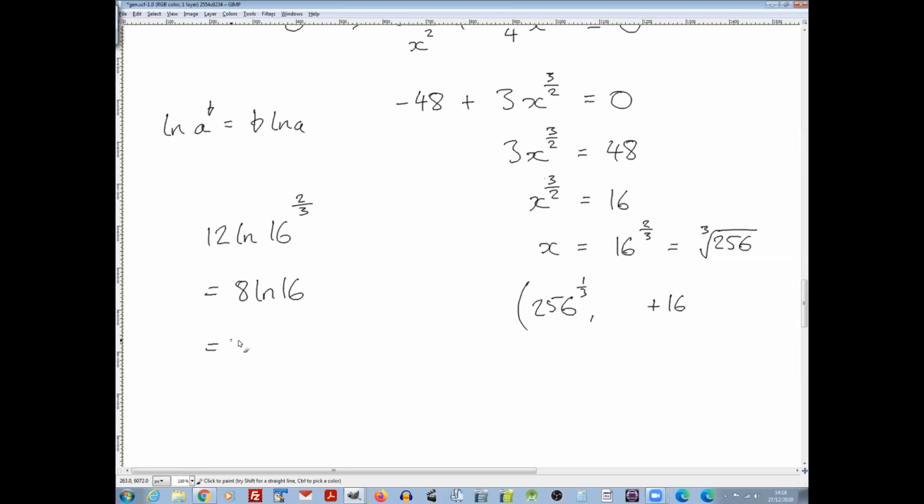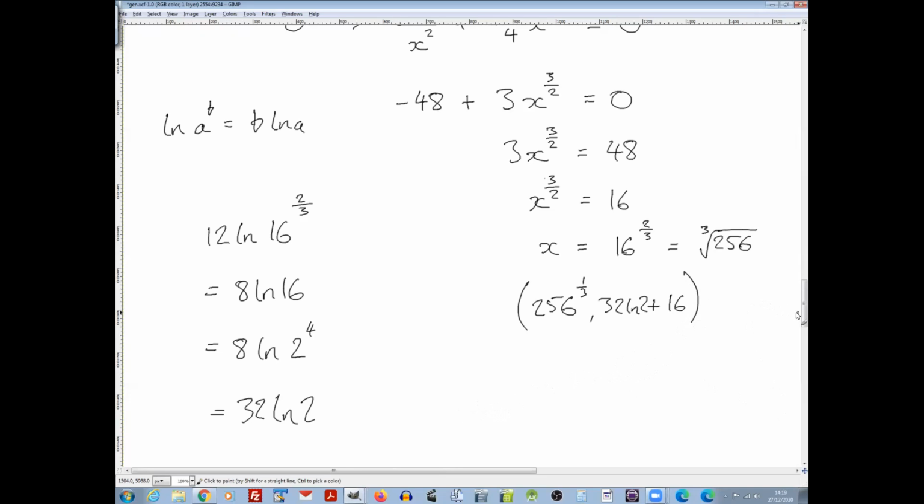And given that that's the same as 8 ln of 2 to the power of 4, we could now rewrite that as how many log 2? 32. So that would be the preferred presentation. 32 log 2 plus 16.